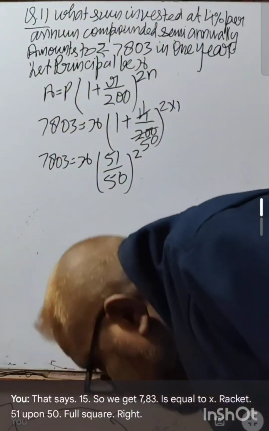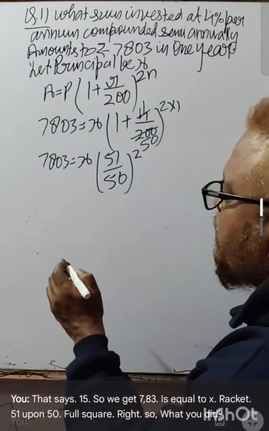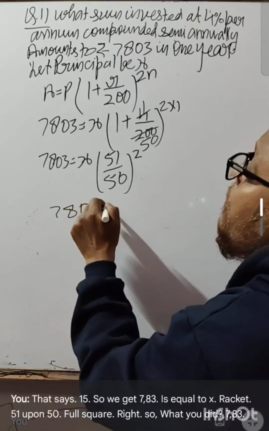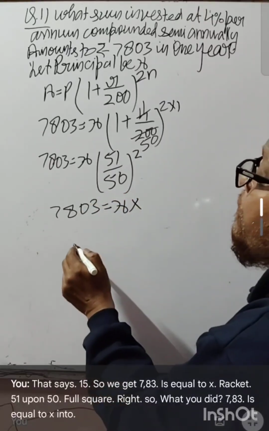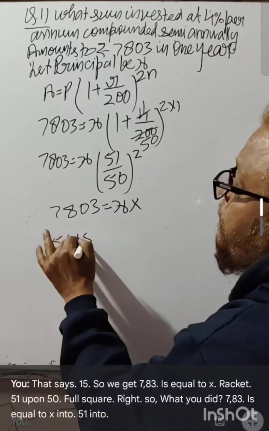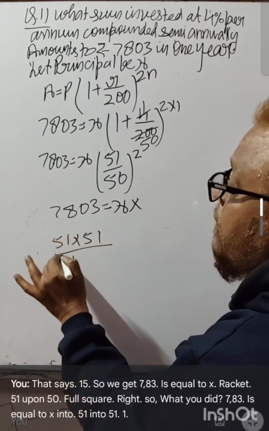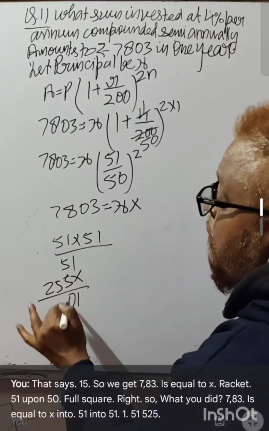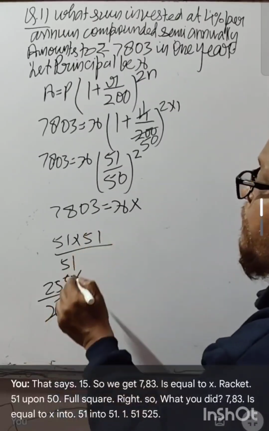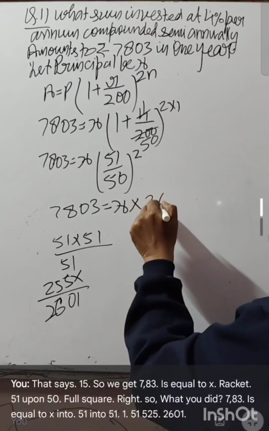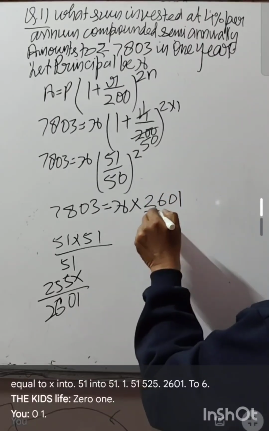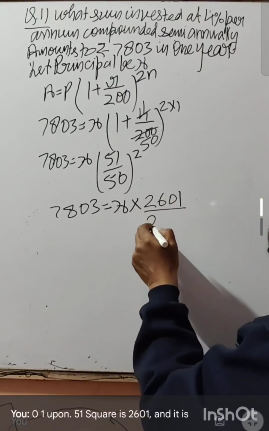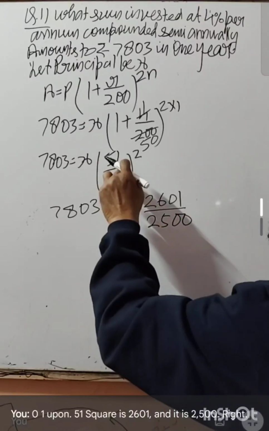So 7803 is equal to x into 51 into 51 upon 50 into 50. 51 square is 2601 and 50 square is 2500, right?